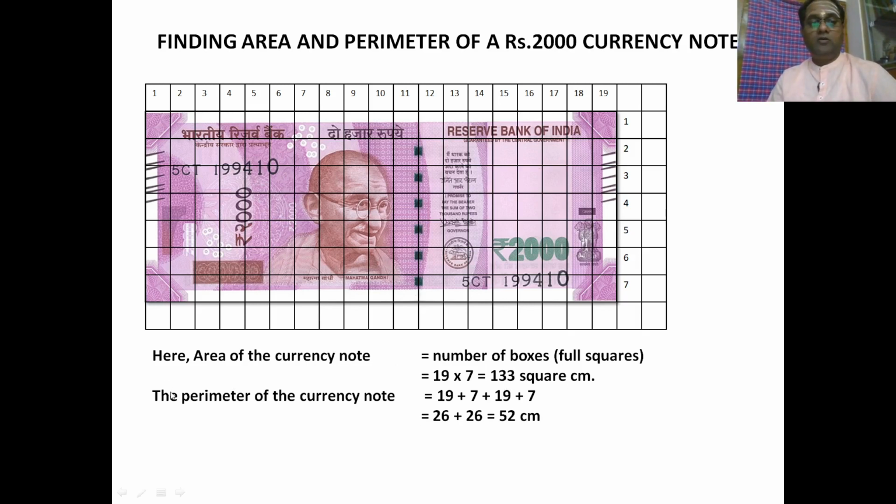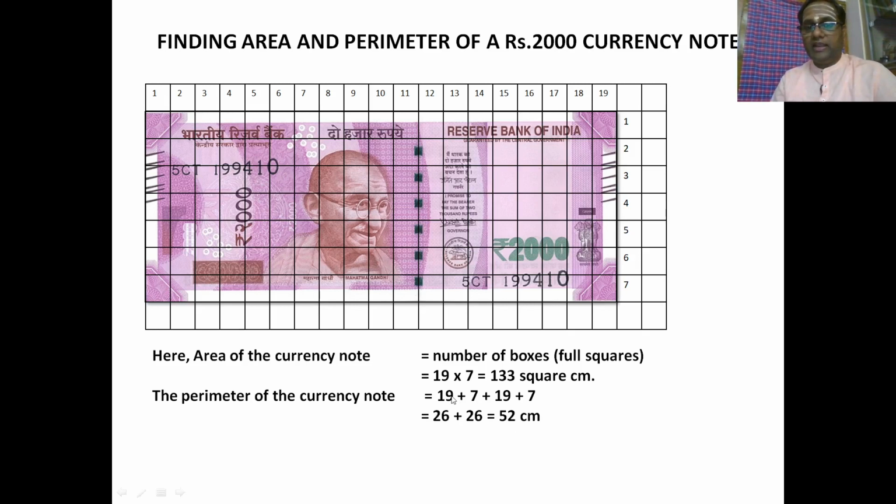Now let us know the perimeter of the currency note. When we move along the length, there are 19 boxes. So 19 sides, if we add, it makes 19, plus along the breadth 7 sides. 19 plus 7. Again 19 plus 7.